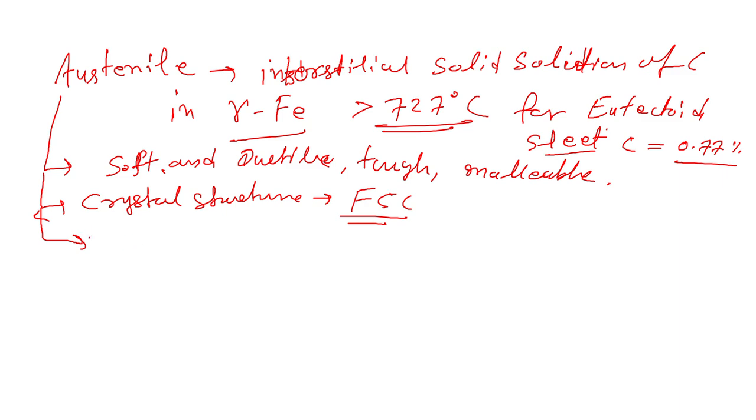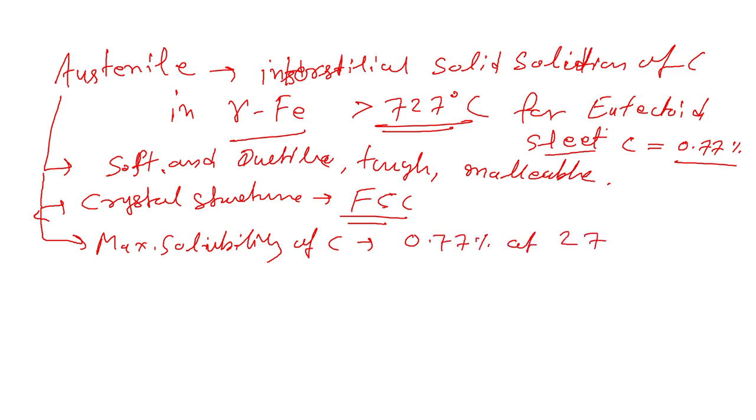Next, the maximum solid solubility of carbon is 0.77% at 727 degrees centigrade and 2.11% at 1147 degrees centigrade.